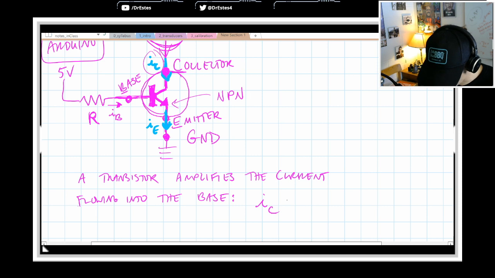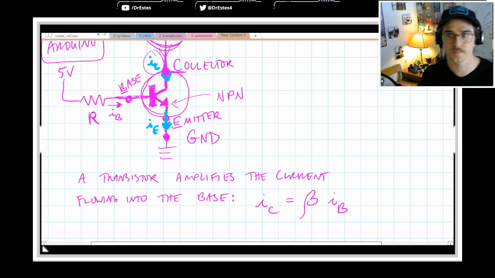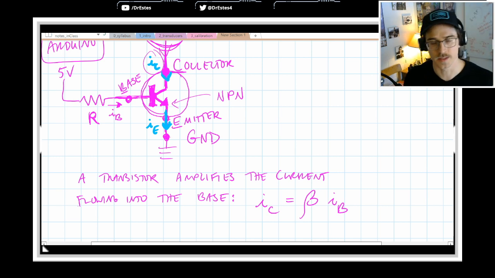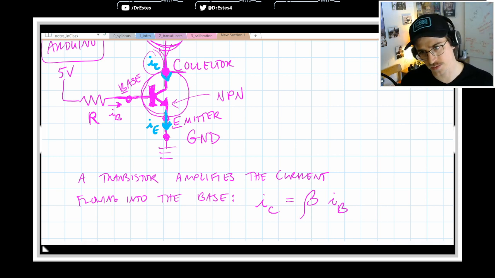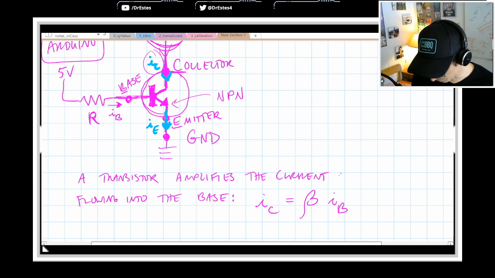The collector current is going to be some constant, let's call it beta, which is the typical symbol, times the base current. Depending on the transistor you use, this amplification changes.